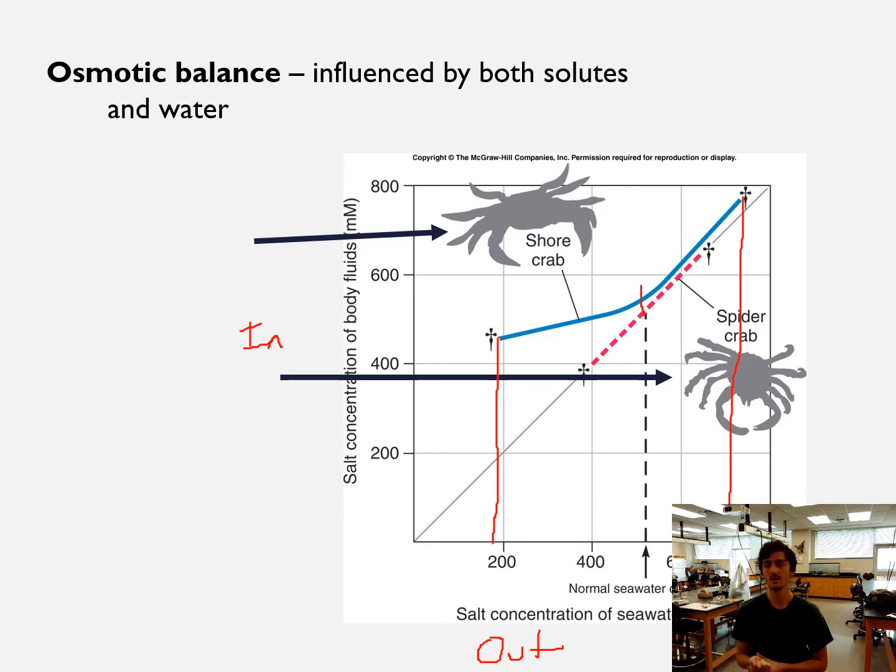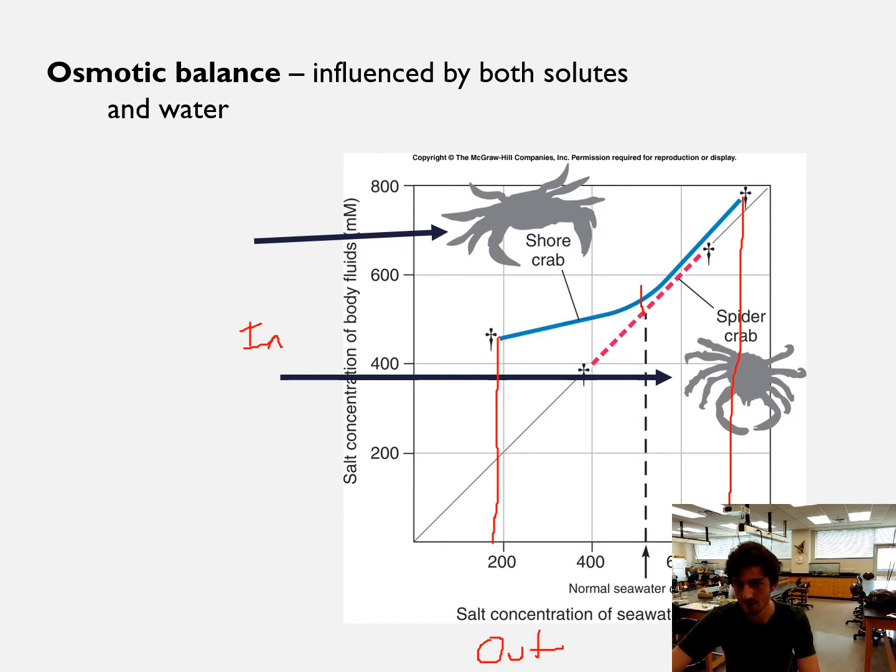You can see up to a certain point here, it's actively controlling the amount of salt inside of its body. So it has these adaptations where it can control the amount of salt inside of its cells. As salt water is increasing, the amount of salt inside of its body doesn't really match that increase until we get to this point here at around 400 or 500 millimoles of salinity.